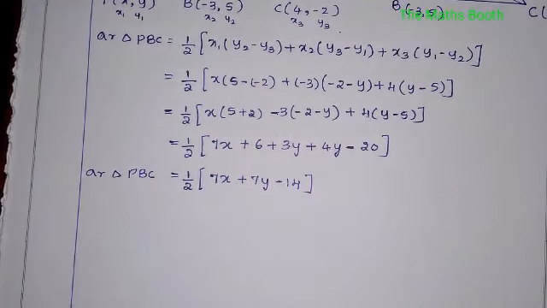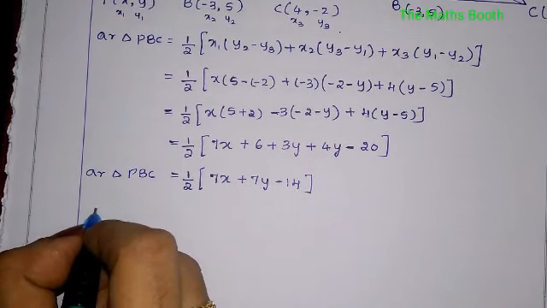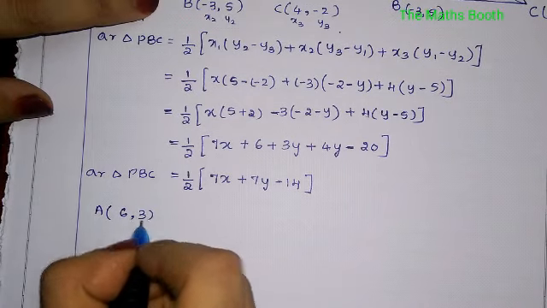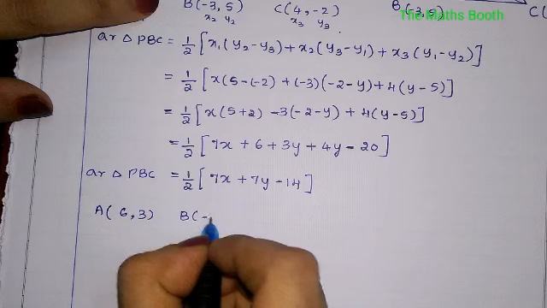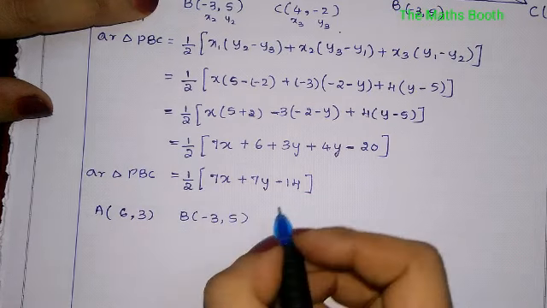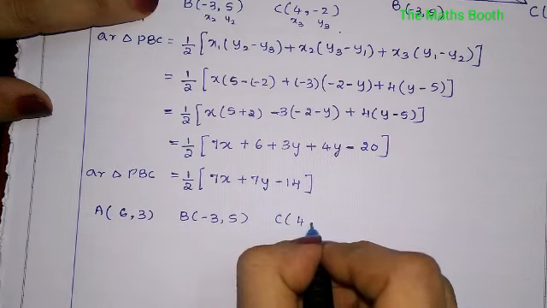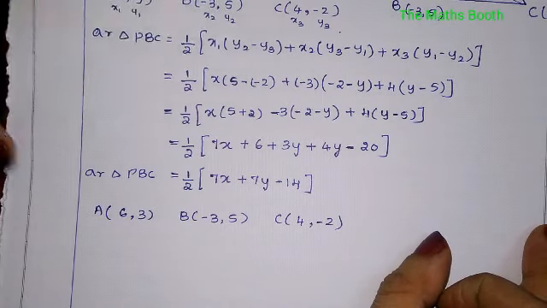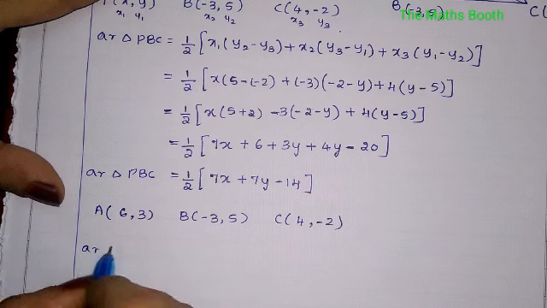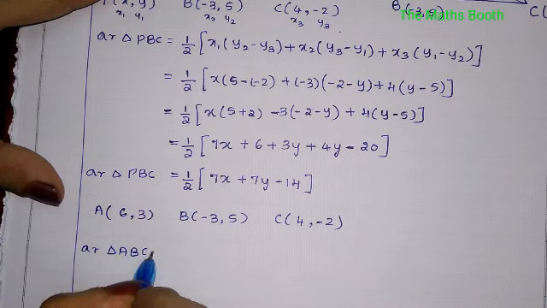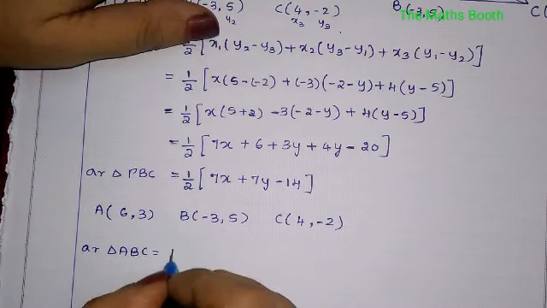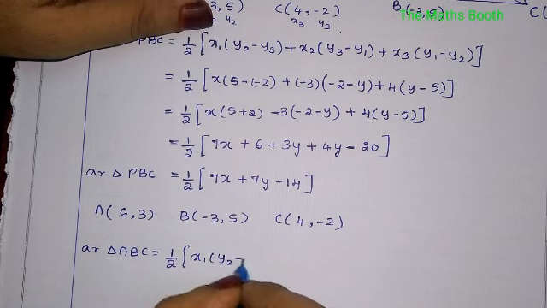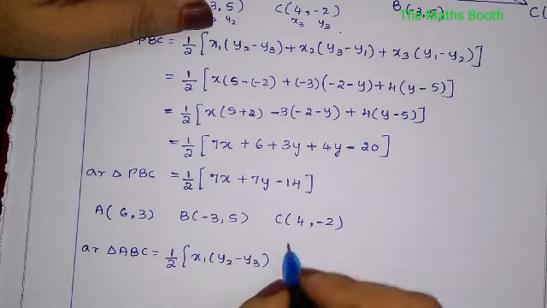Now let us find area of triangle ABC. So I'll write A point (6, 3), B point (-3, 5), and C point (4, -2). Let us solve now area of triangle. Area of triangle ABC is equal to half [x1(y2 - y3) + x2(y3 - y1) + x3(y1 - y2)]. Formula writing is very important.